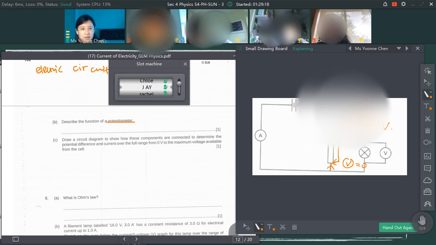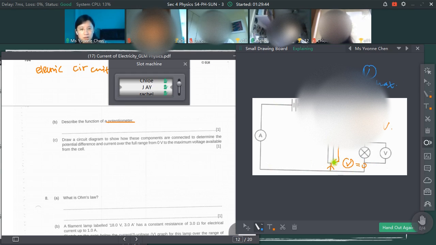If the jockey is on top, I'm going to use another color. If the jockey is here, connected here, then this is going to give you Vmax. The voltmeter reading will be maximum. So it's either 0 or between 0 and the maximum when you move the jockey around.